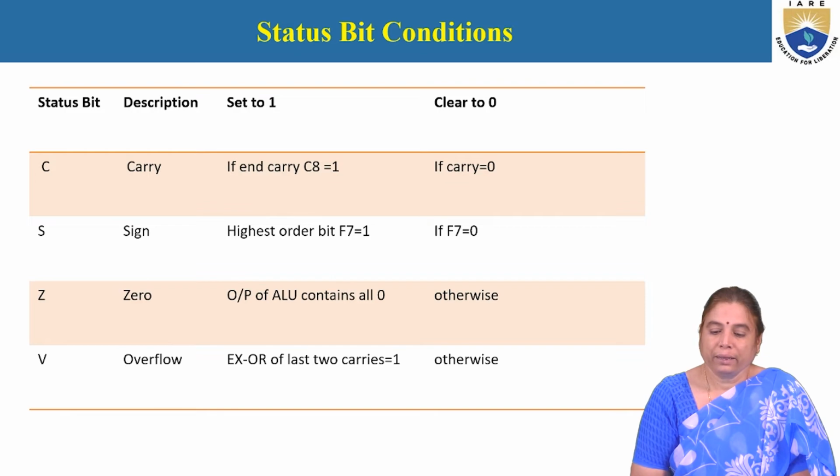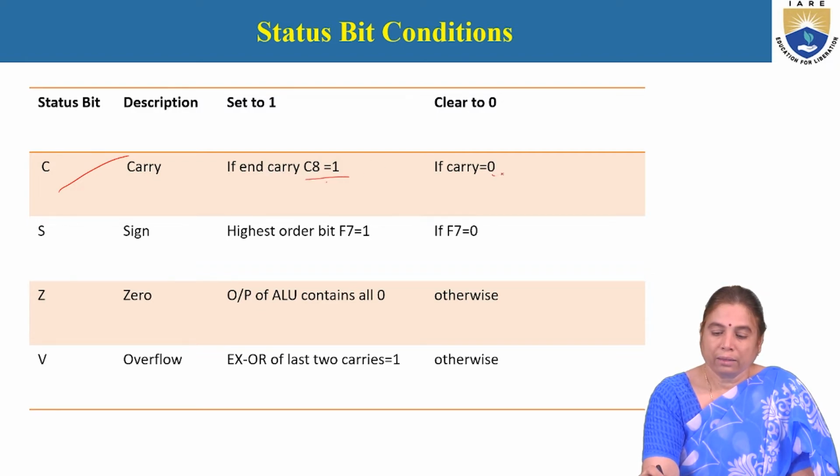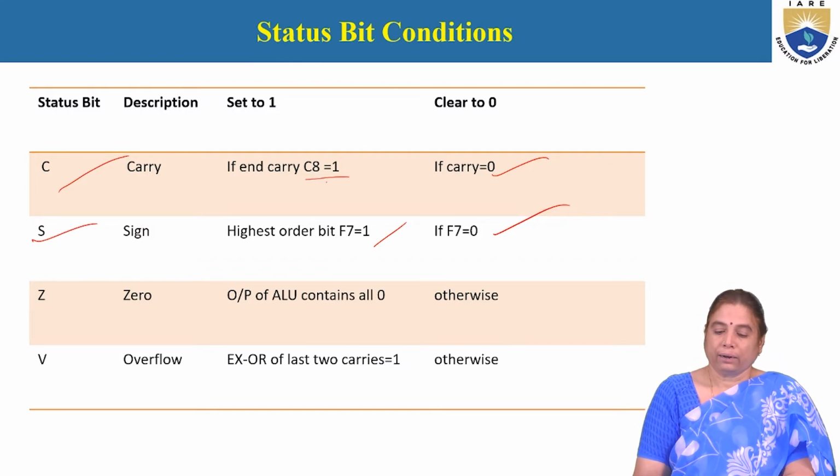The carry bit C is equal to C8, set to 1 if there is a carry, otherwise it is 0. S means sign, F7 is equal to 1 or it can be 0. Z means the result is all zeros. V means overflow, so exclusive OR of the last two carries has to be equal to 1.